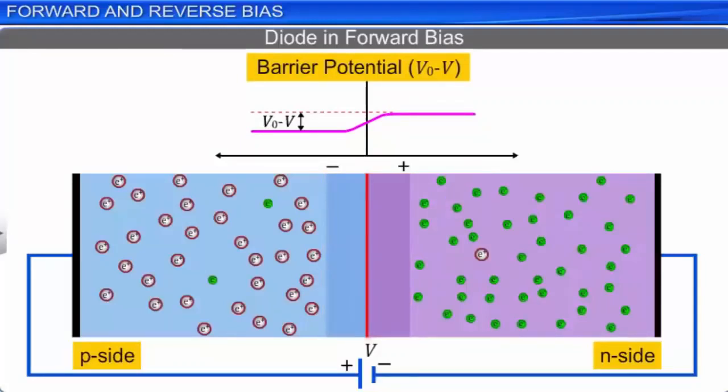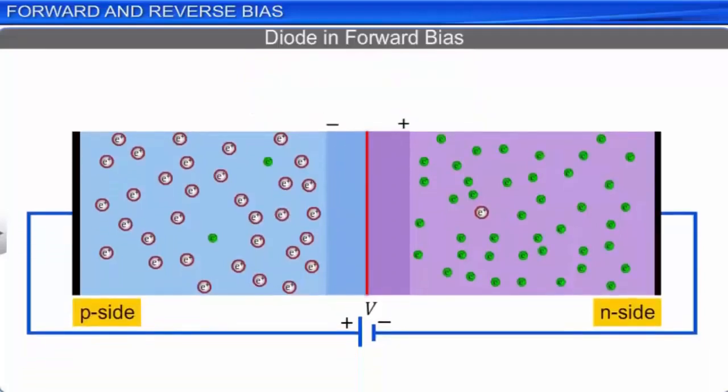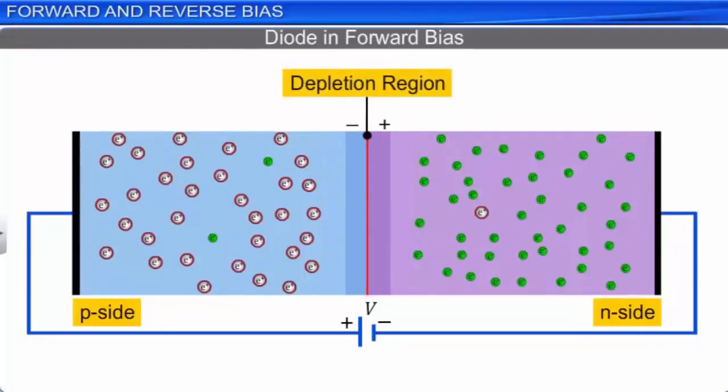Also, when a diode is forward biased, the width of the depletion region around the p-n junction decreases. The lowering of the barrier potential and the decrease in the width of the depletion region leads to an increase in the diffusion of electrons from the n side to the p side.